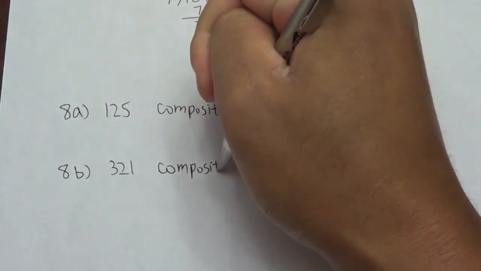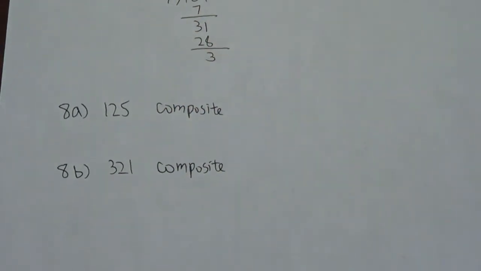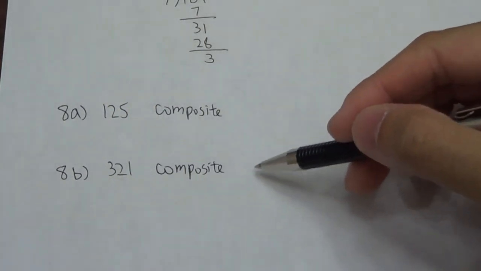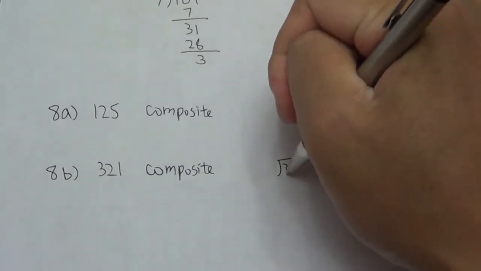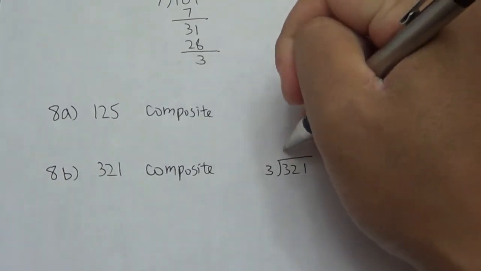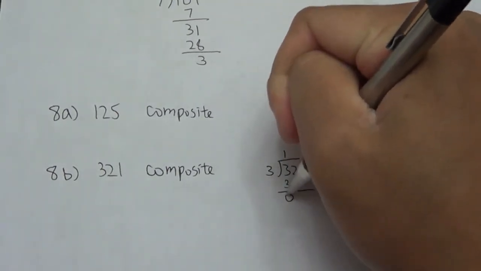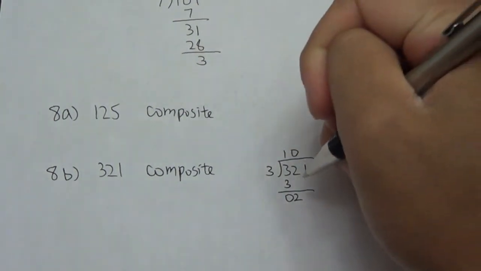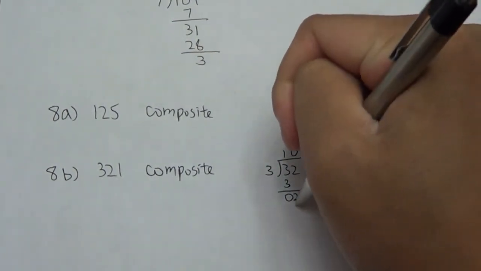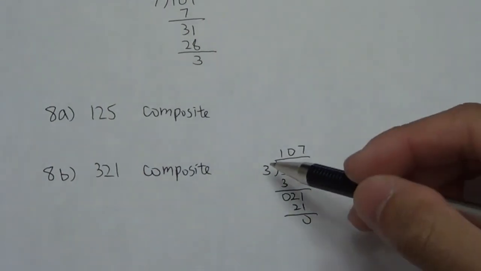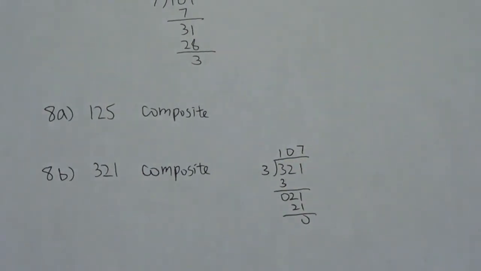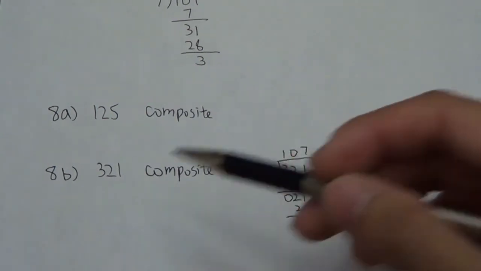So it makes it a composite number, and the reasoning is because it's divisible by 3. And you can always work it out just to double check. That confirms that 3 and 107 are both factors of 321.